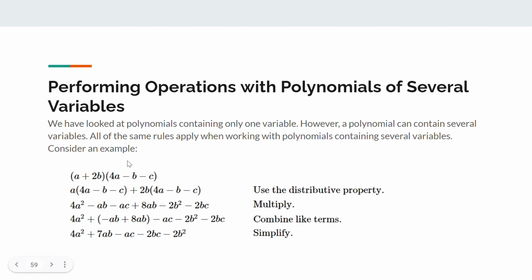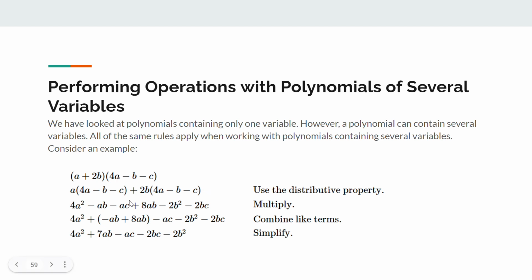Consider an example: a plus 2b times 4a minus b minus c. Using the distributive property, we get a times 4a minus b minus c, plus 2b times 4a minus b minus c. When we multiply that out, we get 4a squared minus ab minus ac plus 8ab minus 2b squared minus 2bc.